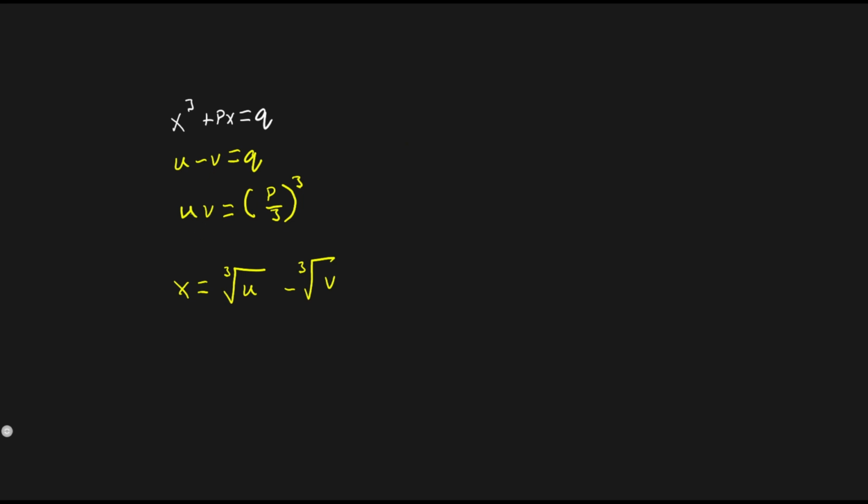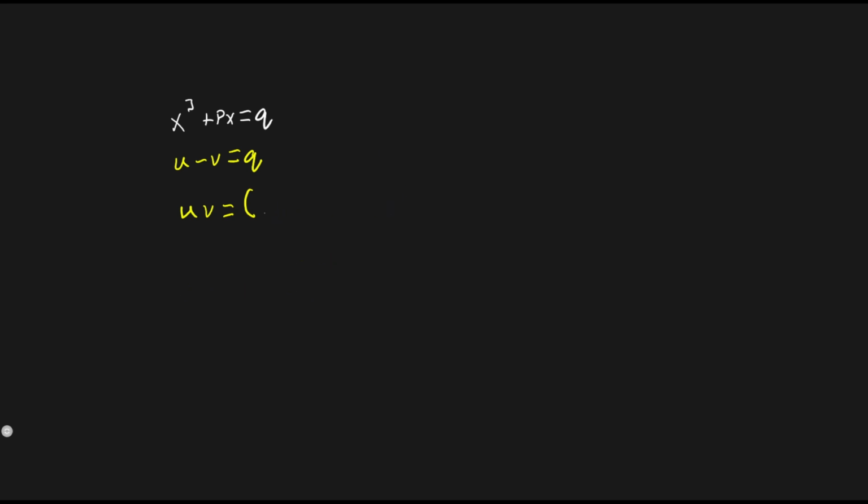And we can plug in u or v, whichever you find easier. But the way I do it is just divide by v for our second equation to get u is equal to p cubed over 27v. And that's how I get the answer for u and v and the solution.